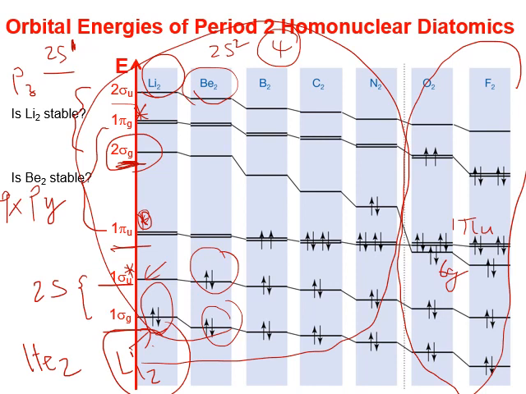Therefore, the energy gain is cancelled by the energy loss due to the anti-bonding molecular orbital. In fact, it becomes more unstable, as we explained before. Therefore, we expect the beryllium molecule is not stable. In the next few slides, we look at more of these molecules.